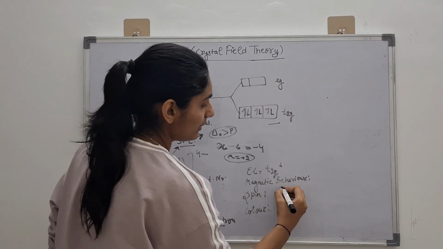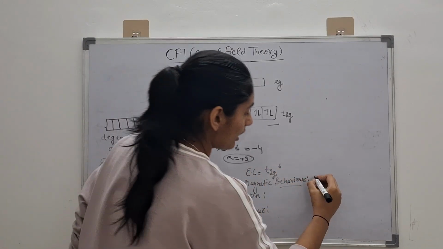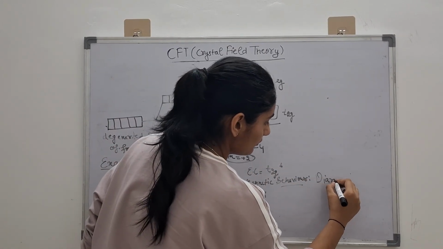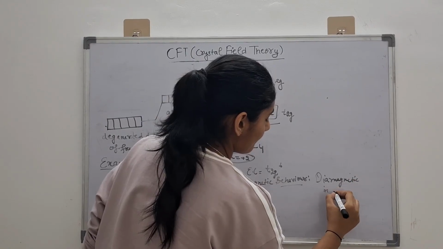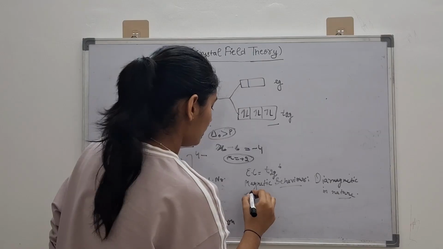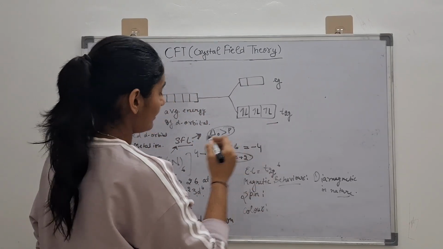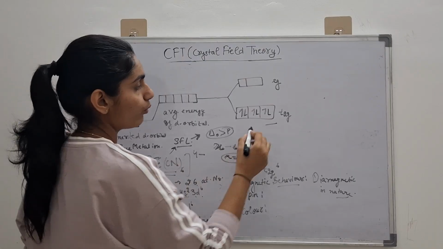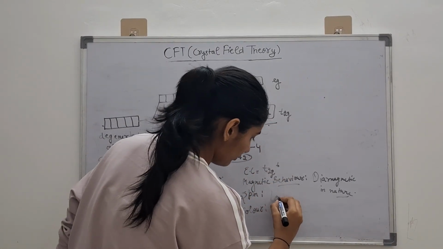And what is the magnetic behavior of this complex? All the electrons are paired, so it is diamagnetic in nature. What is the spin of this complex? As it is a strong field ligand and all electrons are paired, it's a low spin complex.